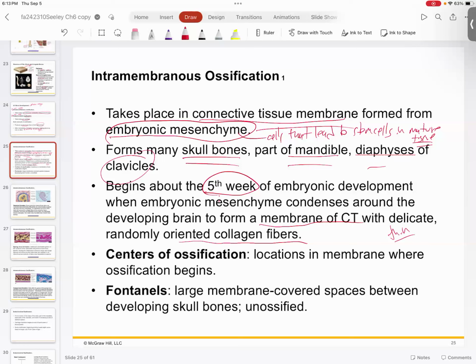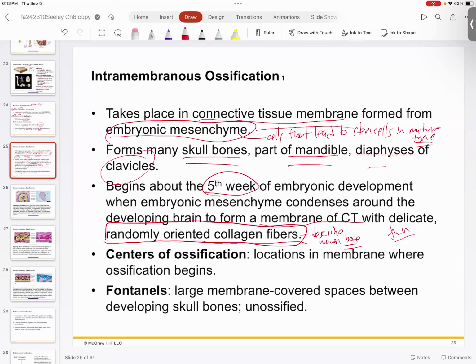Now, this should mean something to you, right? Because we usually use this term randomly oriented collagen fibers as a way to describe woven bone. So you're already kind of setting up a geometrical layout that already looks a little bit structurally, in the way it's laid down, like what we see in woven bone, that random orientation of collagen fibers.